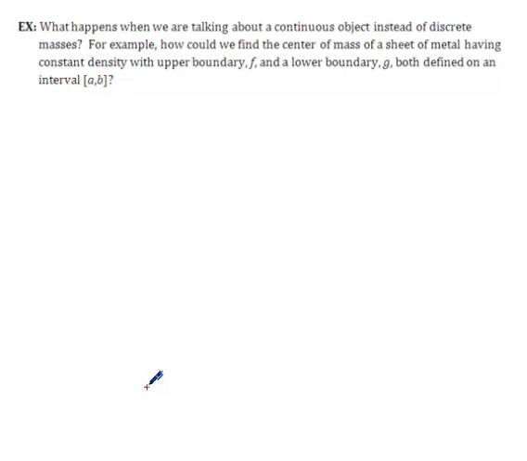And like it says in this example, how could we find the center of mass, or in other words the centroid, of a sheet of metal having constant density with upper boundary function f and lower boundary function g, both defined on an interval from a to b? So let me go ahead and draw a possible shape.